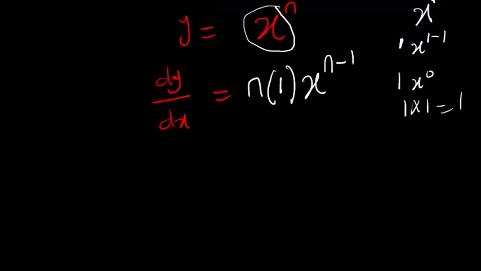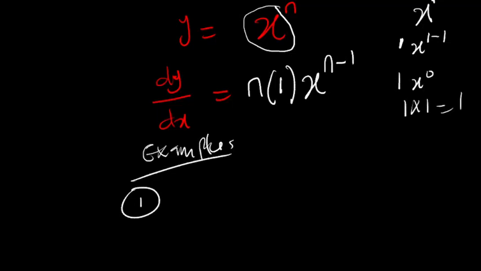Let's say you were given this example. Example number 1. Let's say you were given y equal to x raised to power 4 plus x raised to power 3, everything raised to power 100.